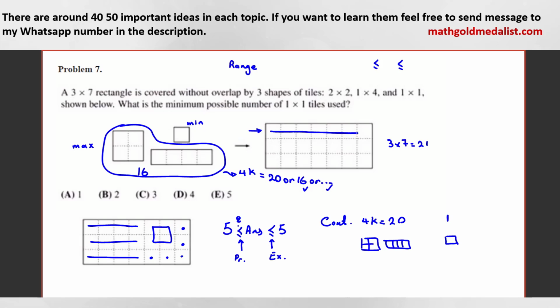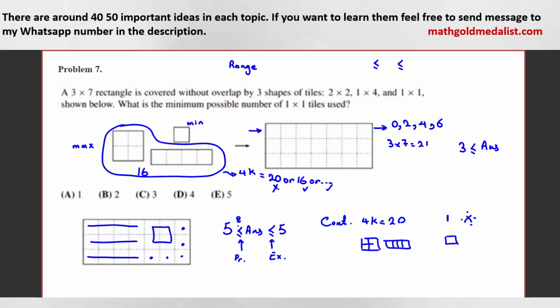So we cannot cover all these 7 cells by using only these two tiles, because they select only an even number of cells: 0, or 2 of them, or 4, or 6 of them. But here we have 7 cells, so 1 cell is left that cannot be covered by these two tiles. So we can see that the answer is at least 3, but here it's not possible to be 1. Okay, so we've reached a contradiction.